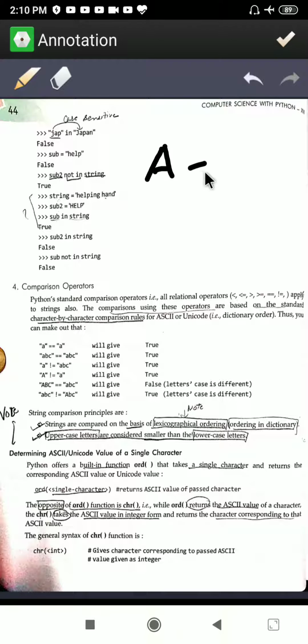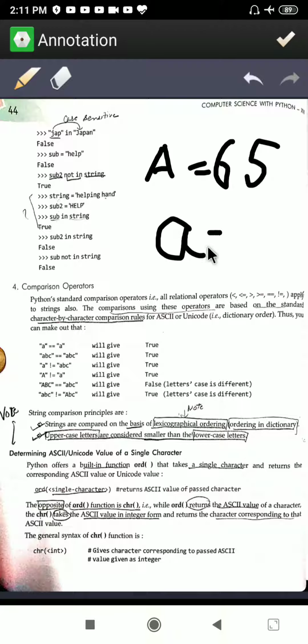And for small a, it is 97, I think. So 65 is less than 97. So it is smaller. So that is why we are saying that uppercase letters are smaller than the lowercase letters. Small a's ASCII value is greater than that of capital A.